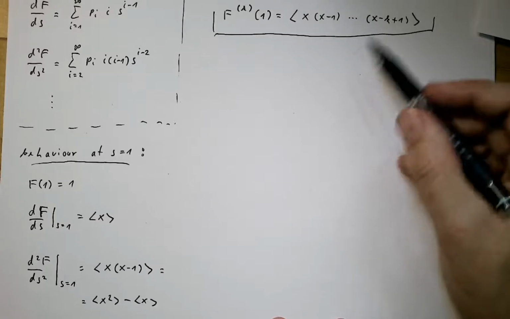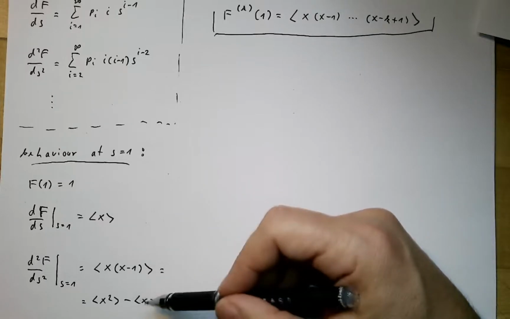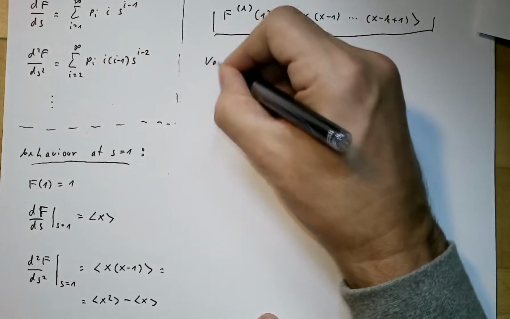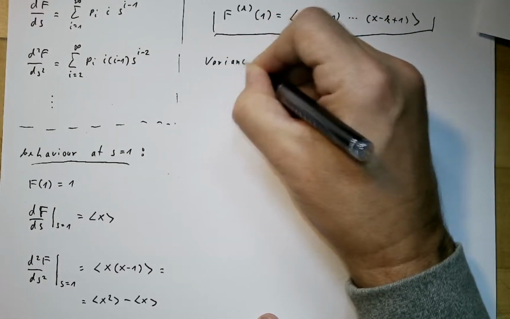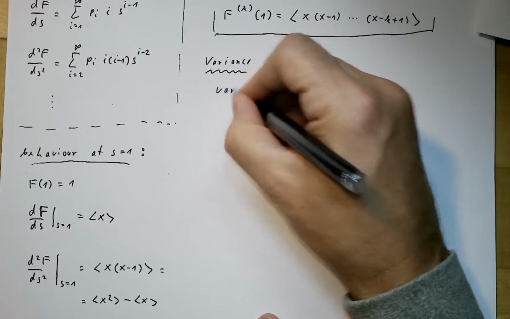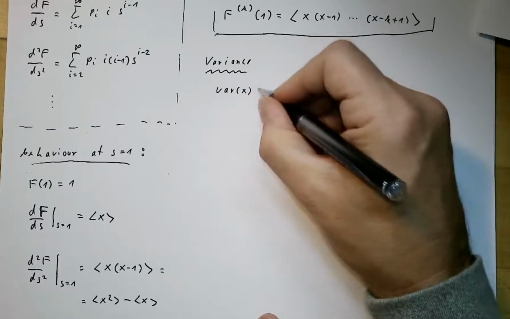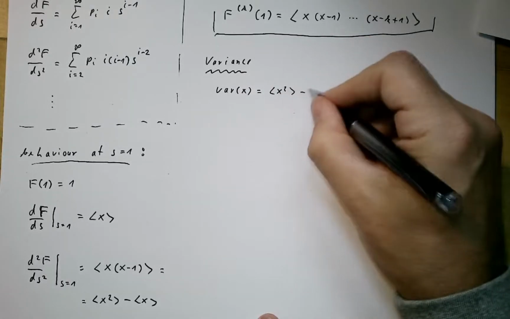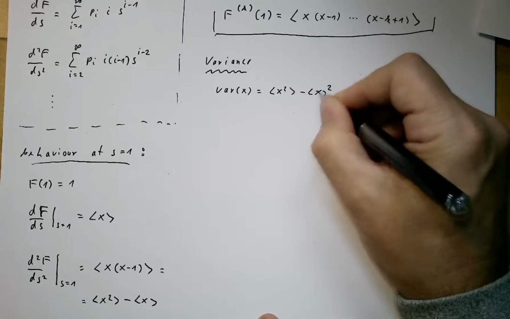Now maybe as an application, very often we are interested in the variance. So what's with the variance? The variance of our random number x, we know it's the expectation of x squared minus the expectation of x, squared.